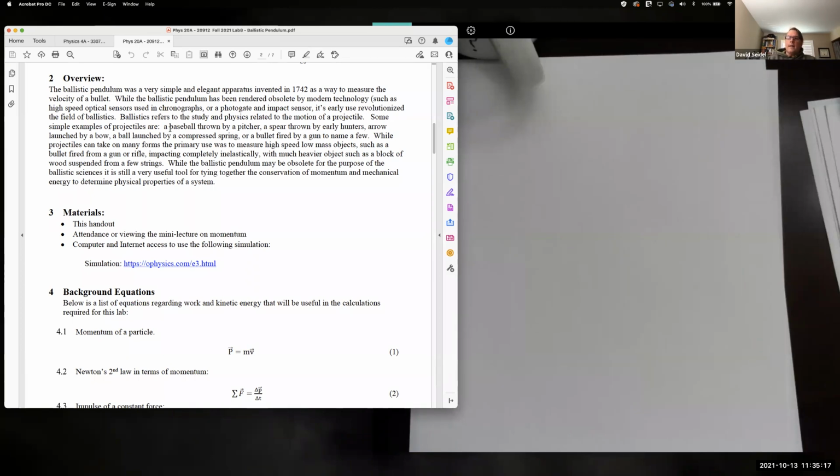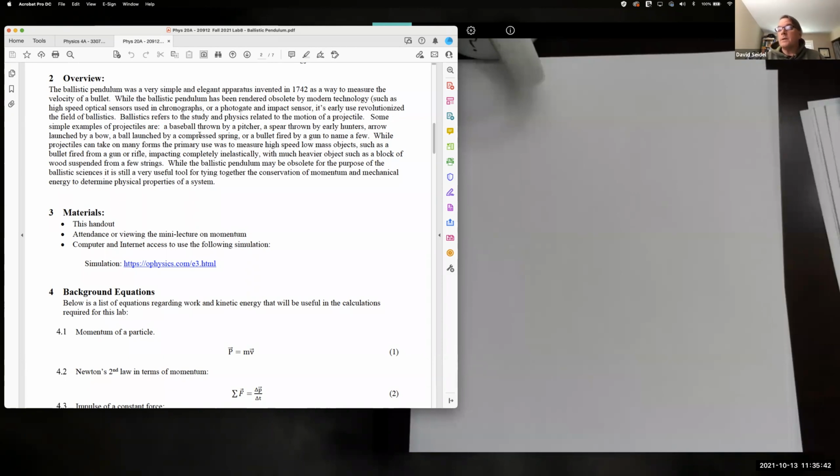So I take a light, fast object impacting a stationary, high mass object, and then I measure the velocity of the combined pair afterwards and use conservation of momentum to get the velocity of the bullet before impact.